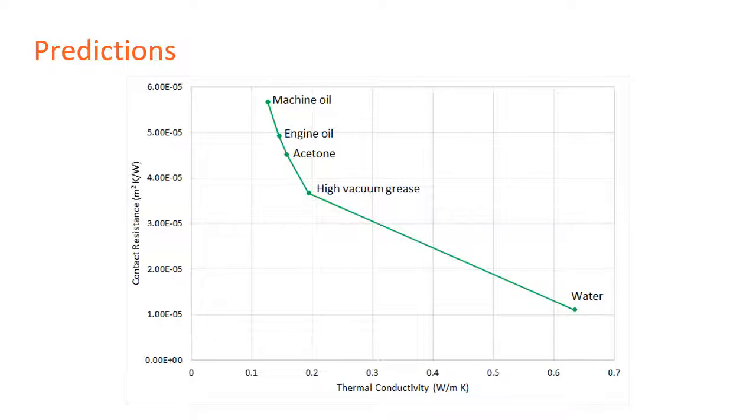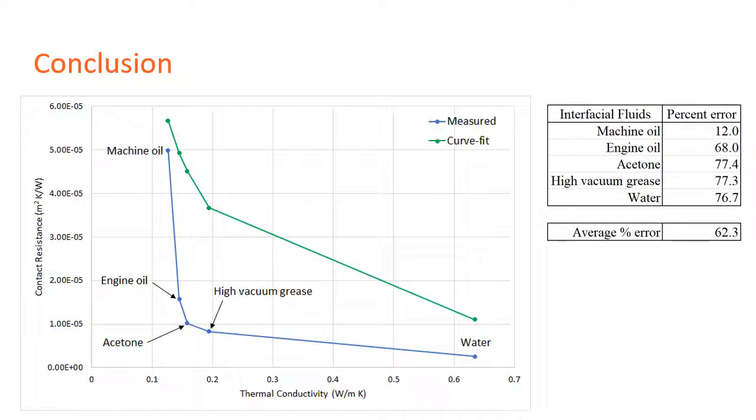It clearly shows that there is an inverse relationship between the contact resistance and the thermal conductivity. We then tested the machine oil, engine oil, acetone, high vacuum grease, and water to see if our predictions were correct. As seen in the figure, our predicted values for the contact resistances were much higher than the measured values. There was an average error of 62.3%.